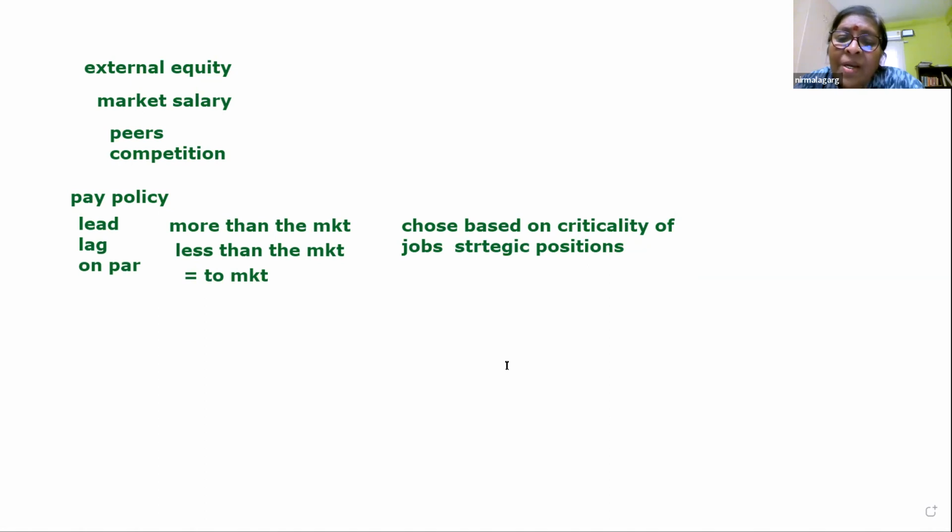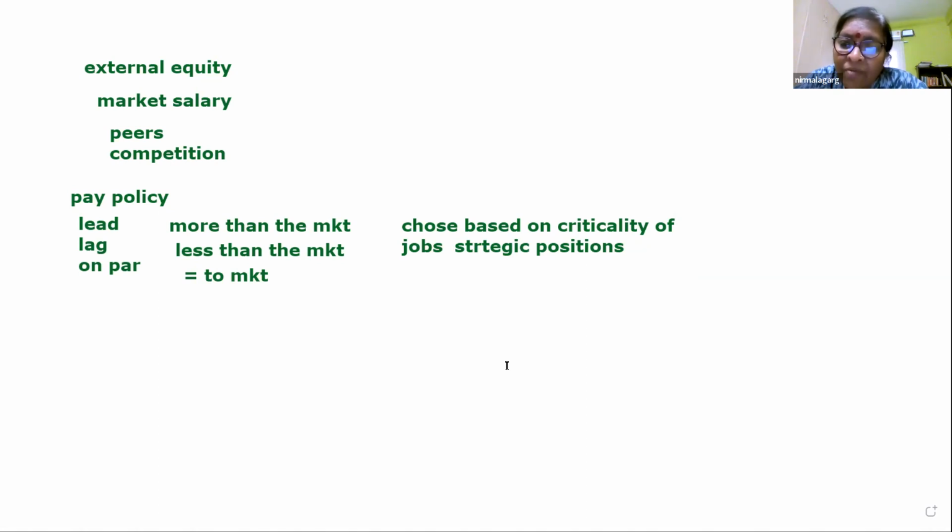Will the best manpower come cheap? No, ma'am. So I want to pay the best. That means I will pay much more than the market. So I'll pitch myself at the 80th percentile, 90th percentile. I will explain to you what this percentile is just now. But for me, my support right now is not strategic or critical.